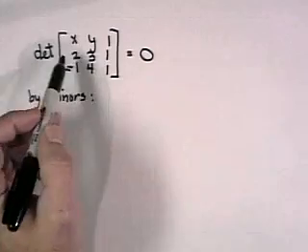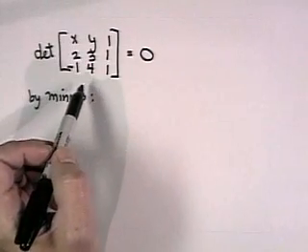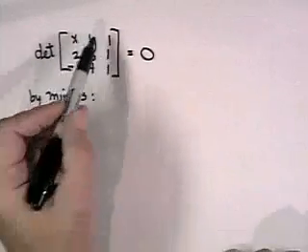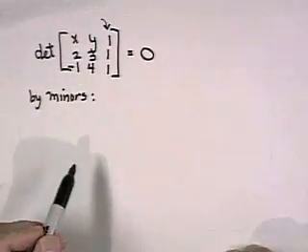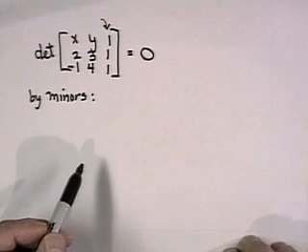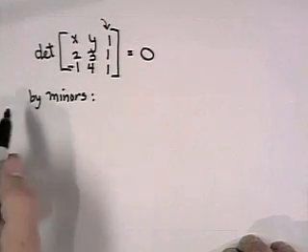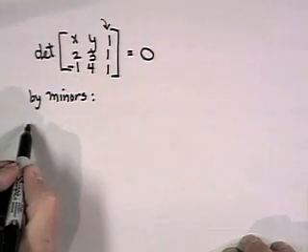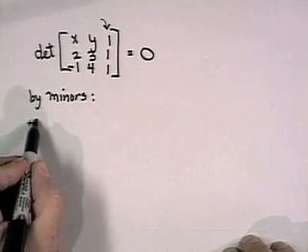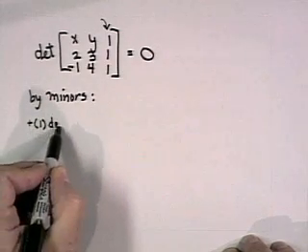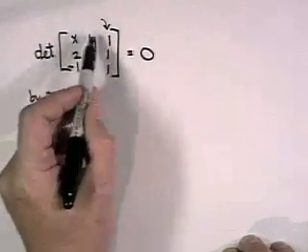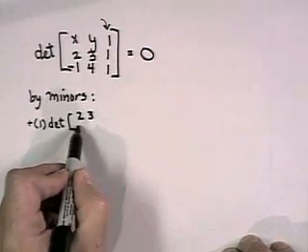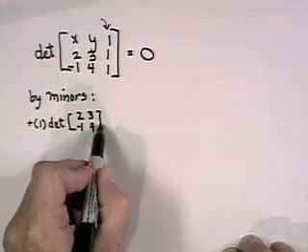This determinant matrix could be done the same way as our previous problem. We can choose any row or column, but once again, this third column seems to be the easiest because it's all ones. So let's proceed with this one by minors. The value from the array of signs is plus 1. The entry itself is 1, and the determinant is found by crossing out the top row, the last column, giving us 2, 3, negative 1, 4.